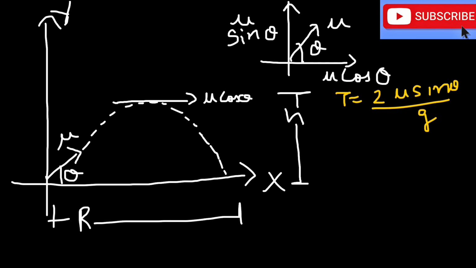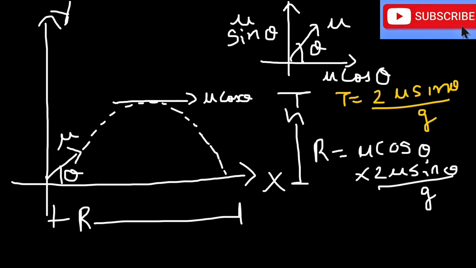So, as we wrote, range will be u cos theta into the time interval. On substituting the values, we get this expression. Now let us simplify it. On simplifying, you will get u square sin 2 theta upon g.